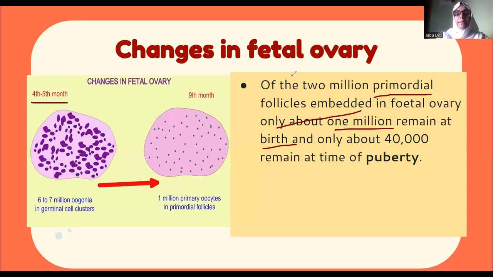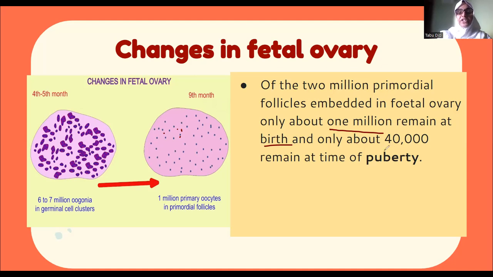So when a female baby is born, how many eggs is she born with? Approximately 1 million. This 1 million again reduces. You might think, how does this reduction happen? Basically, these follicles are destroyed on their own. They degenerate naturally. So at birth, only 1 million remains.